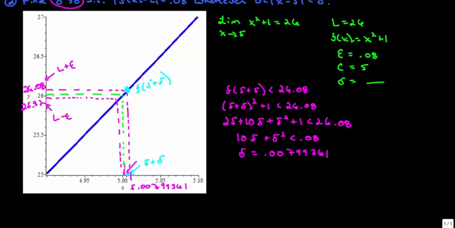Likewise, if you take that delta in the other direction, you get a value that's 5 minus that delta value, and any x value described in that area will get you to a height that's more than 25.92. So our delta value should be approximately this number.